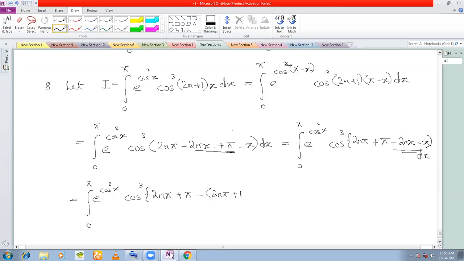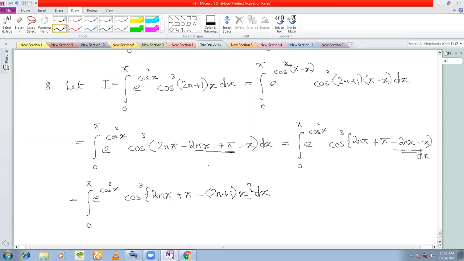So if I have taken the pi's together, now from these two I can take x common to get simply (2n plus 1) pi minus (2n plus 1) x, dx.